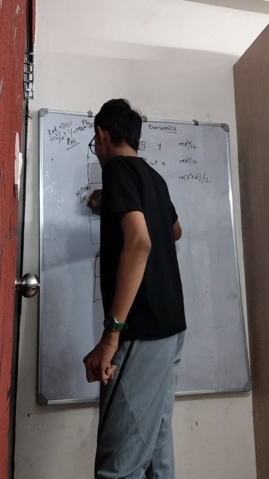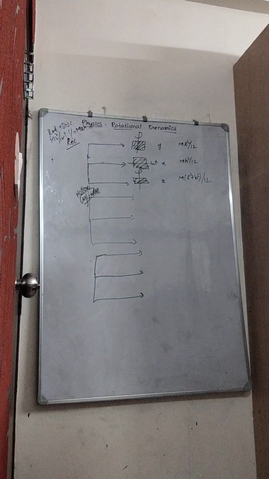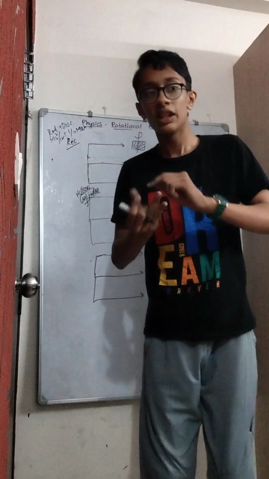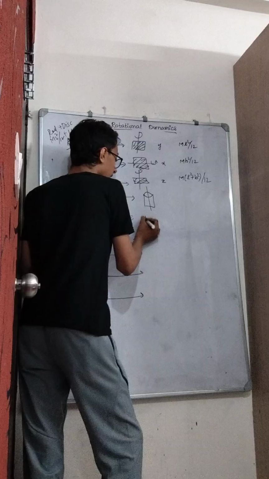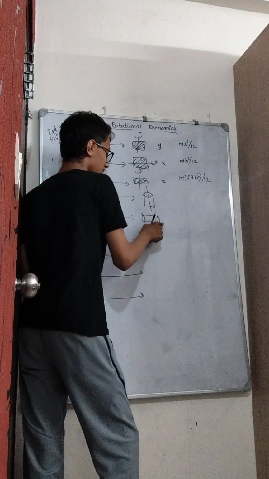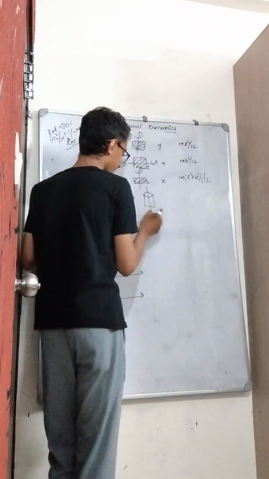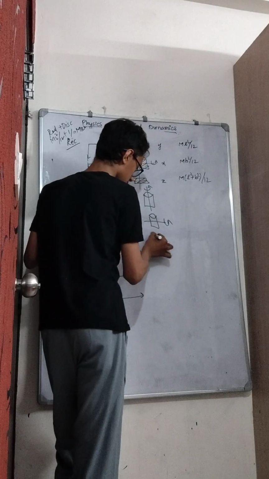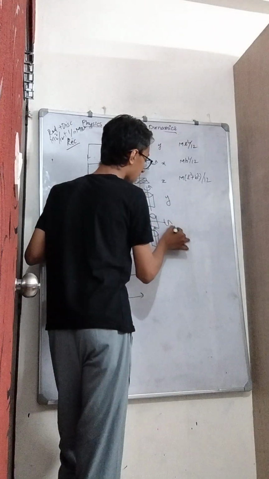Hollow cylinder. Now for hollow cylinder, what will be the moment of inertia? So if I take a ring, and if I extend it, it will become a hollow cylinder. That means based on the x-axis, now this is y, x and z axis.